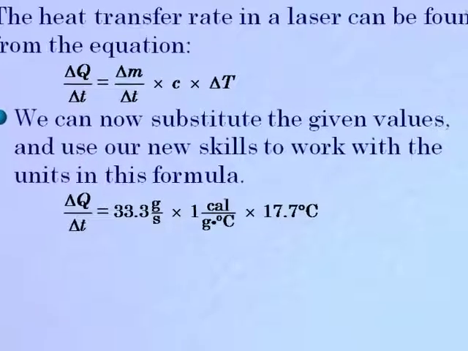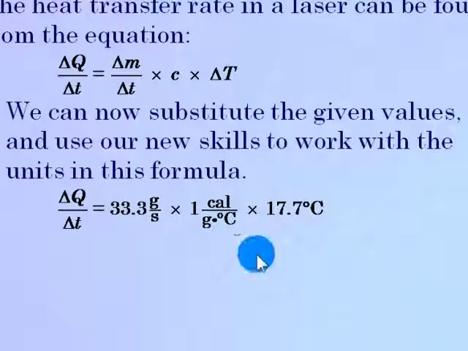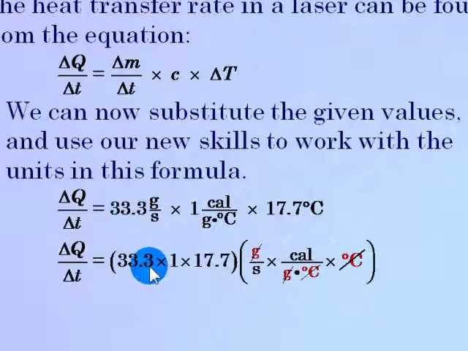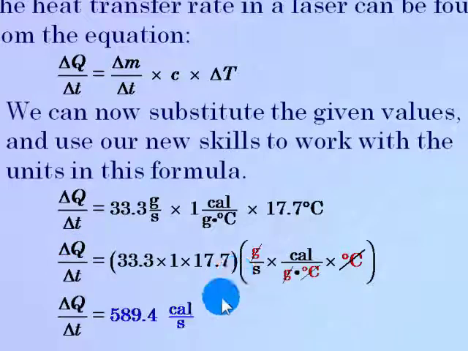So we substitute in 33.3 grams per second for the delta M over delta T, the C value of 1 calorie per gram degree C, and a delta T of 17.7 degrees C. And we pull out all the values, 33.3 times 1 times 17.7, and pull out all the units and see how we cancel the units out. And you see what we're going to be left with? We're going to be left with calories per second, which is a heat flow rate, which agrees with what our formula should give us. And the result is 589.4 calories per second.